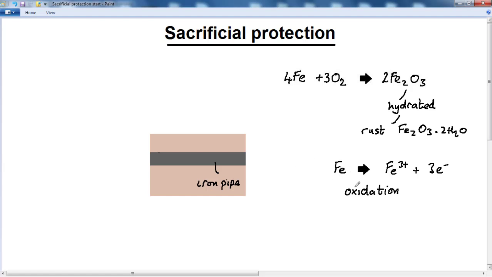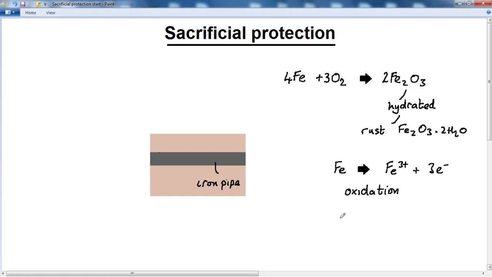What happens in the oxidation process is the oxygen in the soil gains these electrons to form oxide ions and then combines with the iron ions to form iron oxide. Now, if we want to prevent this oxidation process, we need to find a way of stopping the iron from losing these electrons and becoming oxidized. There are two methods which can be used.